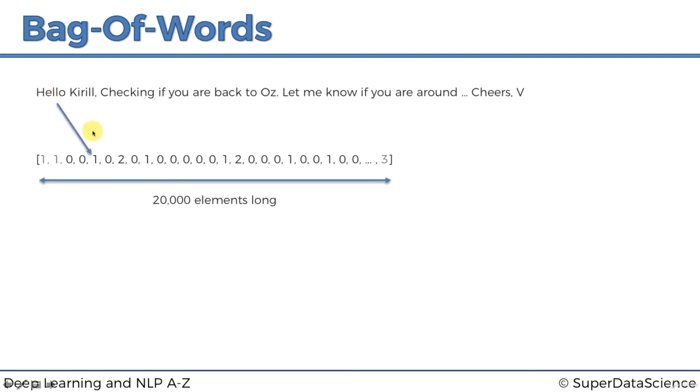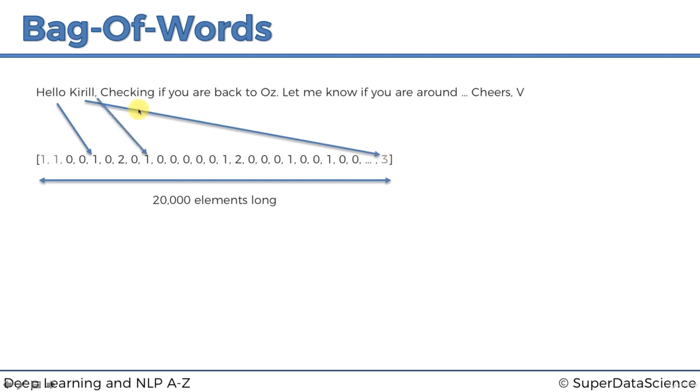So hello, let's say in our vector it is in position number 5. Because we only have one hello in this whole email, we're going to put a 1 here. Kirill is definitely not an English language word, so we're going to have to put it into the last element. The reason why there's a 3 here is because we have Kirill, then Oz, and V. Those are not English language words, not among our 20,000. They're all going to go here.